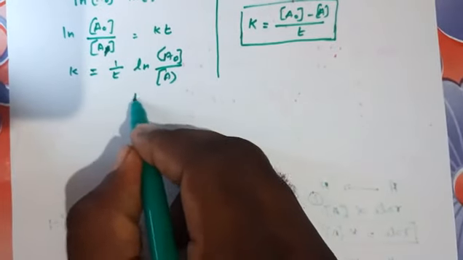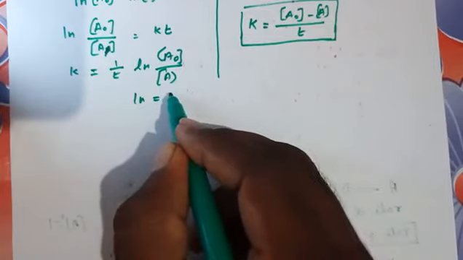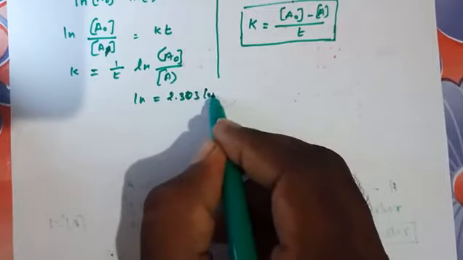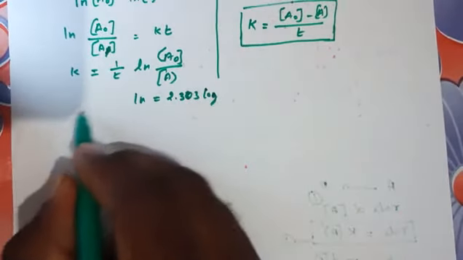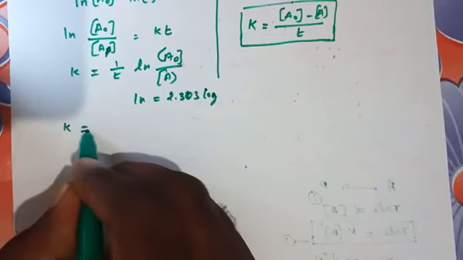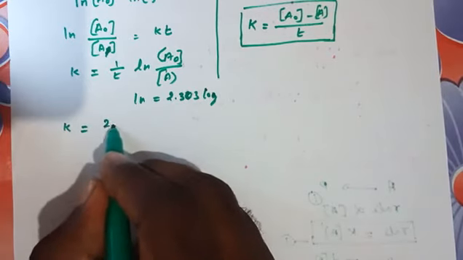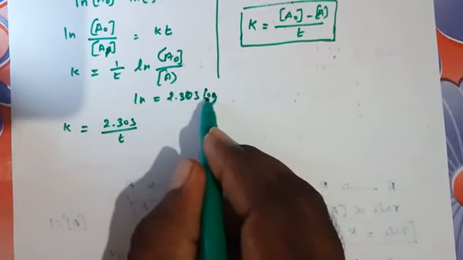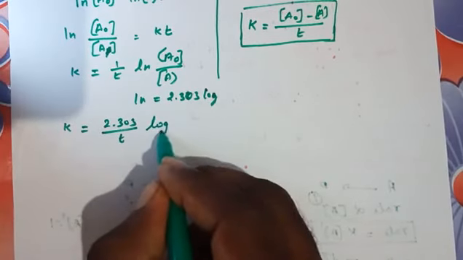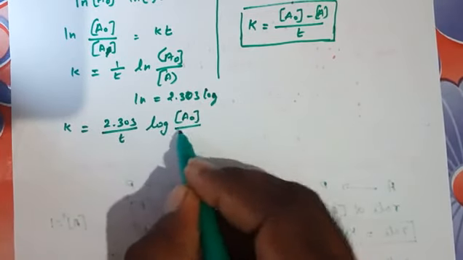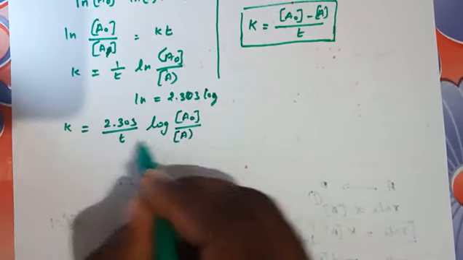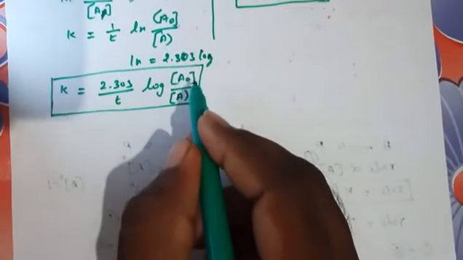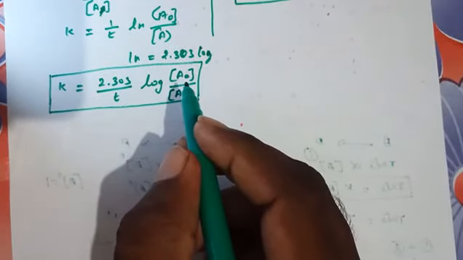Substituting ln as 2.303 into log, K is equal to 2.303 divided by t into log of A0 concentration divided by A concentration. This is the final expression of the rate constant for a first order reaction.